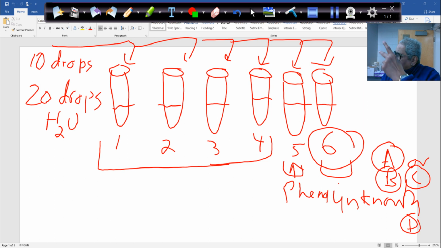If it's 2 layers, one looks like oil on the top, floating, and the H2O is sinking. It's more dense than those alcohols. Then you can tell about the solubility.